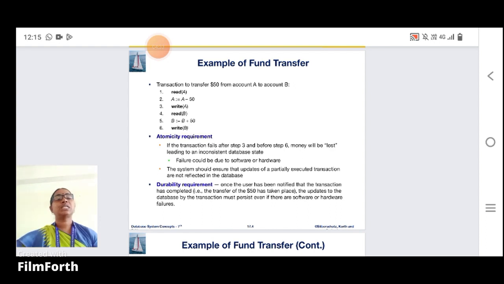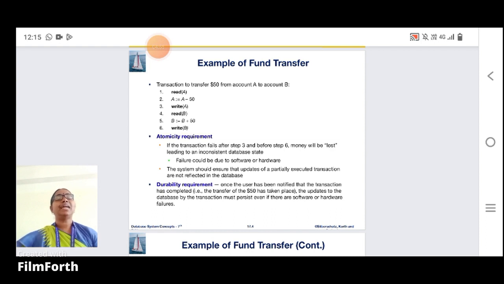So the recharge will not be successful and the money is lost. That is, the first half is executed successfully, but the second half of the transaction is not yet executed. So the failure in the middle leaves our amount lost and the database in an inconsistent state. This should not happen.